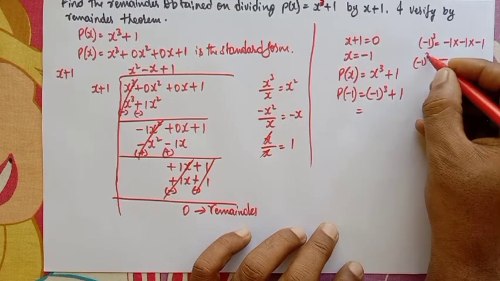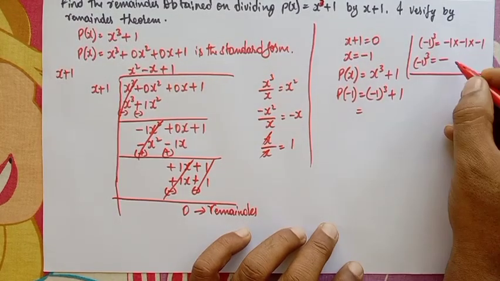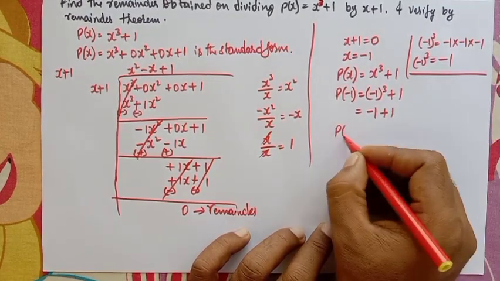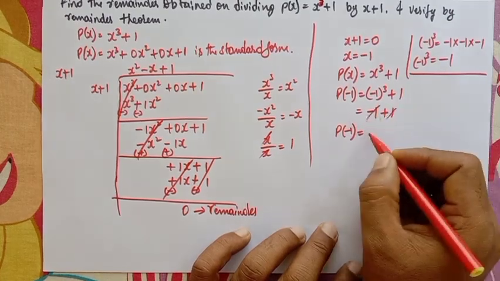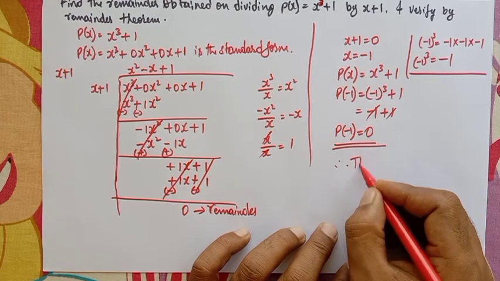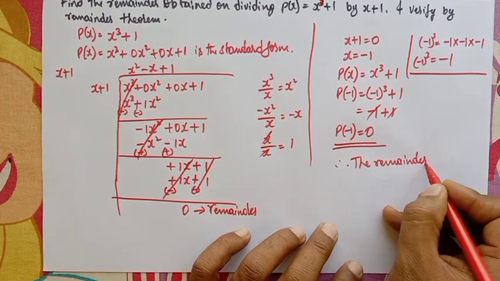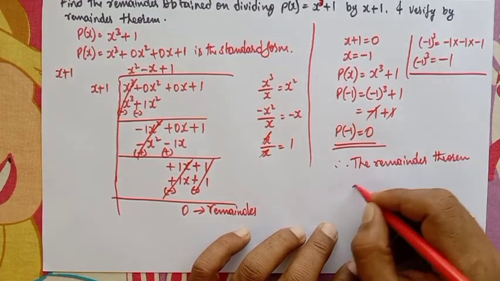Minus 1 whole cube is equal to minus 1. So P of minus 1 is equal to minus 1 plus 1, which cancels, so it is equal to 0. Therefore the remainder theorem is verified.